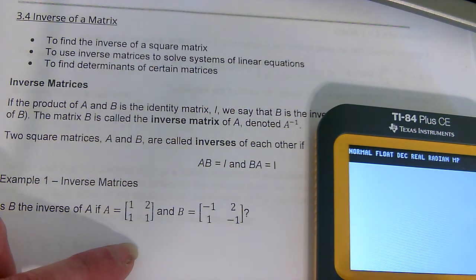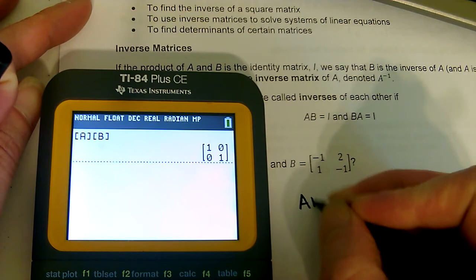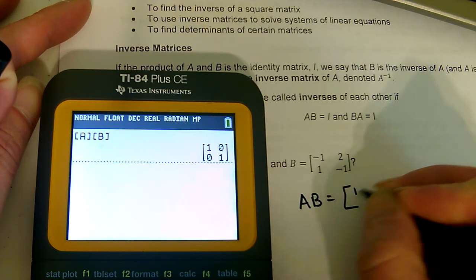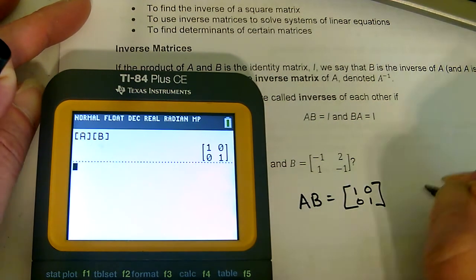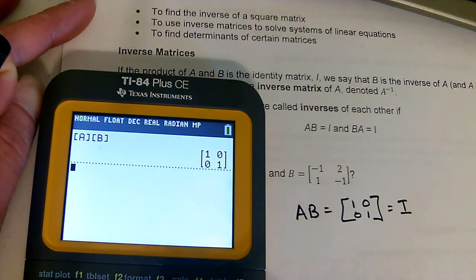And then we're going to do matrix A times matrix B. So if I multiply A times B, I'm getting 1, 0, 0, 1, which is the identity. Let's see if the order matters.